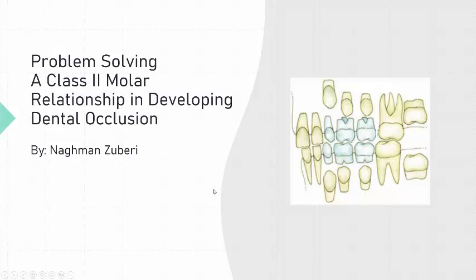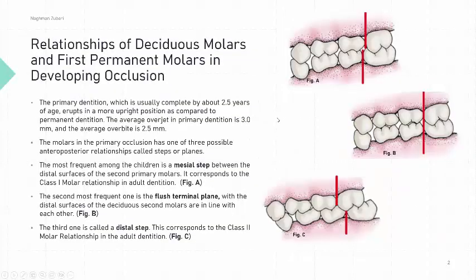So what can happen? First of all, let's see what the possible relationships of the deciduous molars and the first permanent molars are in the developing occlusion. The primary dentition is usually completed by about 2.5 years of age.